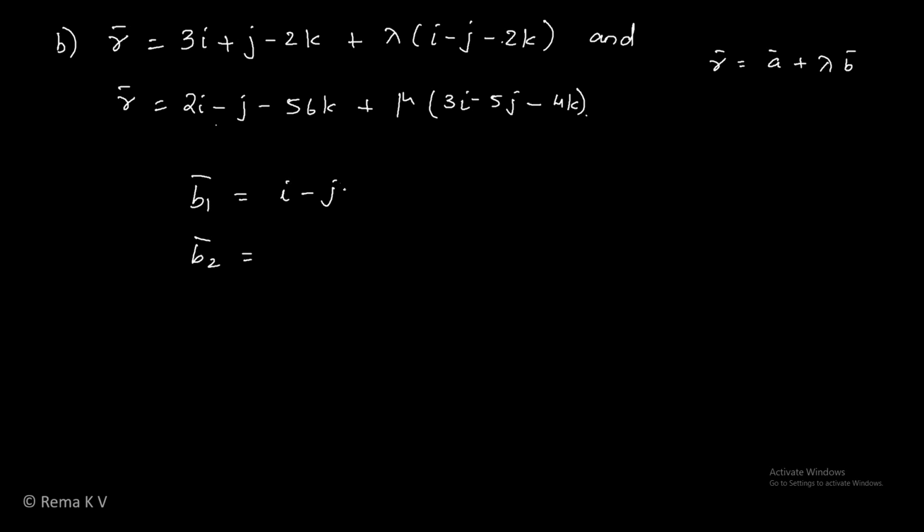And which is vector b2? b2 is 3i minus 5j minus 4k.